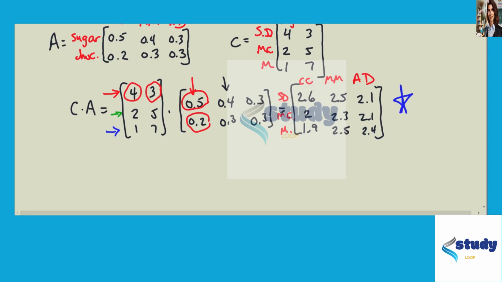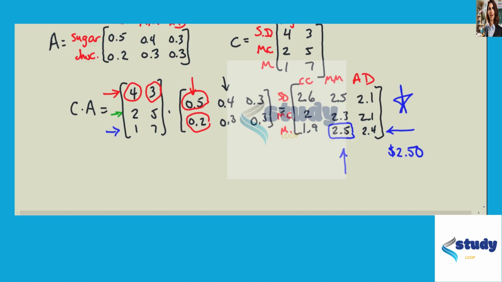If I wanted to know the combined cost for sugar and chocolate to produce 1 kilogram of Mucho Mocha in Managua, I would go to the Mucho Mocha column and the Managua row. And where they meet, that tells me that it would cost $2.50 in that city to make that candy.